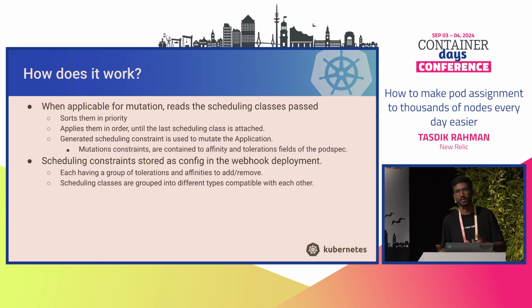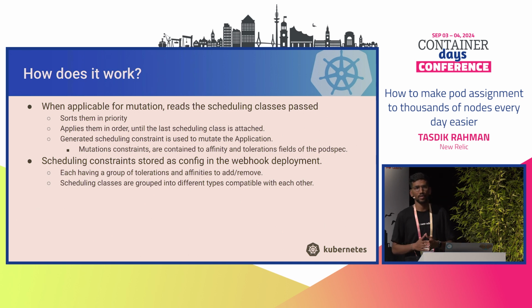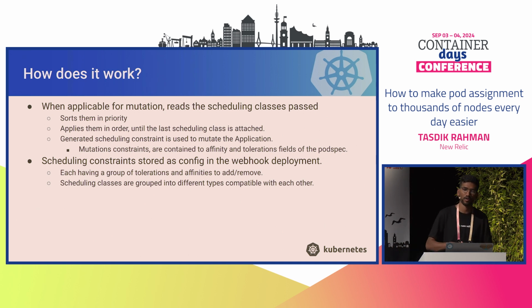And then each of these scheduling classes is also grouped via a type. So you can imagine different scheduling classes would end up being of similar types. We would want similar types to be grouped together and then be able to see if they're compatible with each other or not.